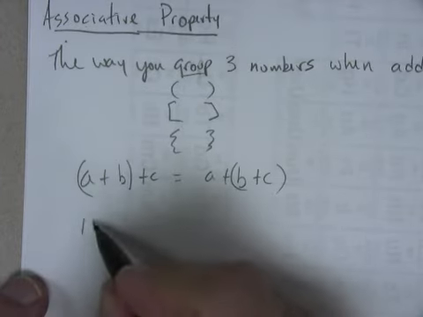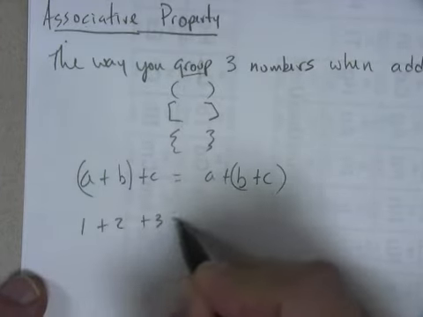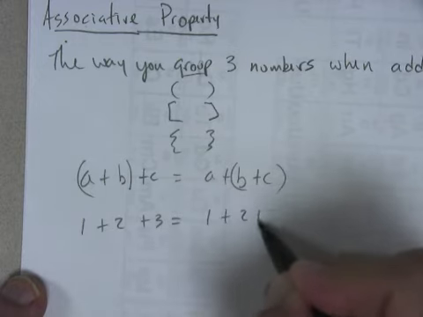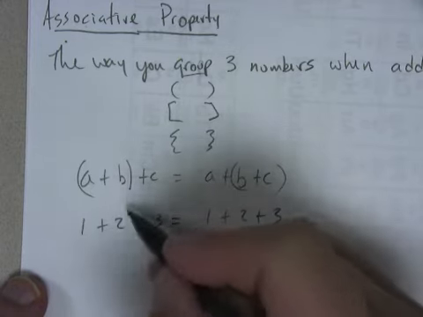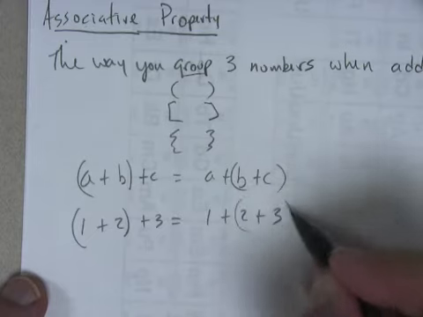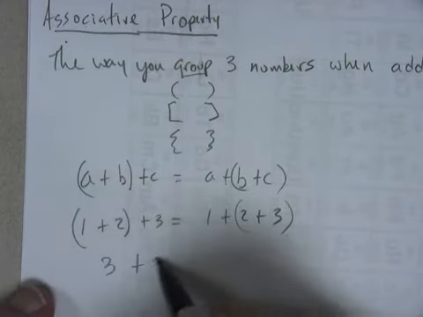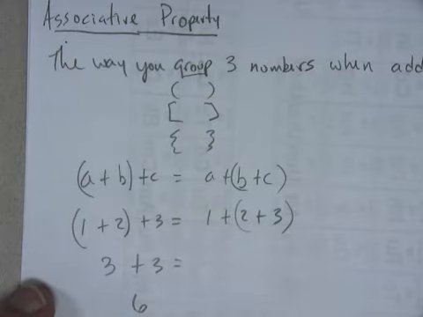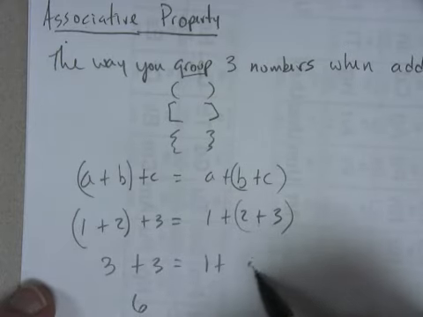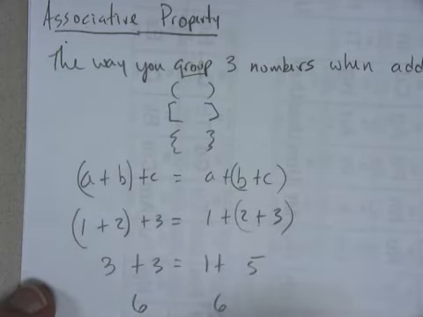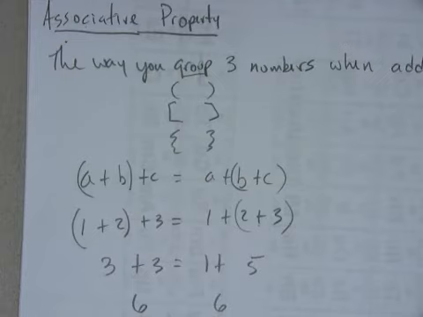So if you do 1 plus 2 plus 3, if you add these two first in this case and these two first in this case, you're going to get the same answer in the end. For example, this is 3 plus 3, which gives you 6. This is 1 plus 5, which gives you 6 as well. So the way you group them doesn't matter. That's called the associative property.